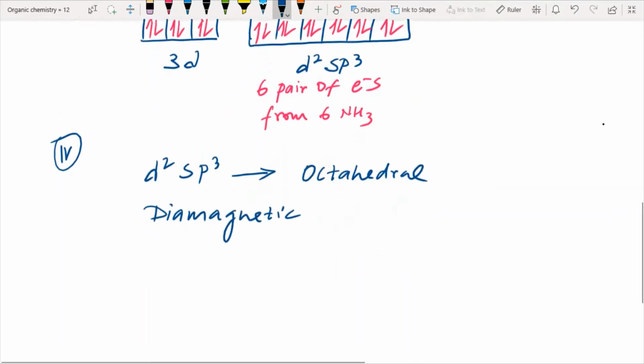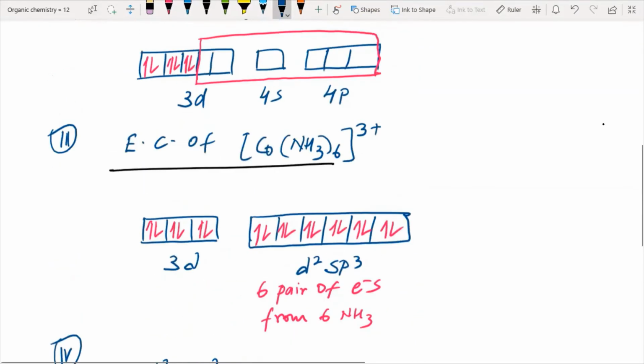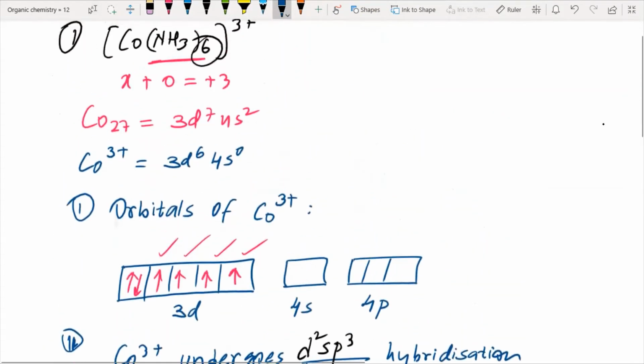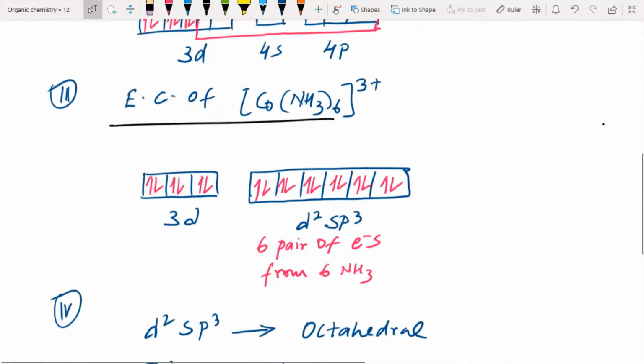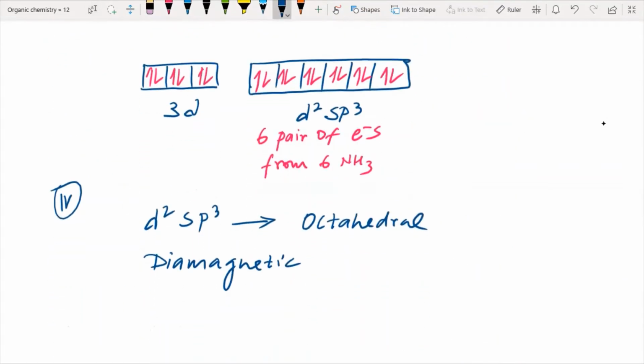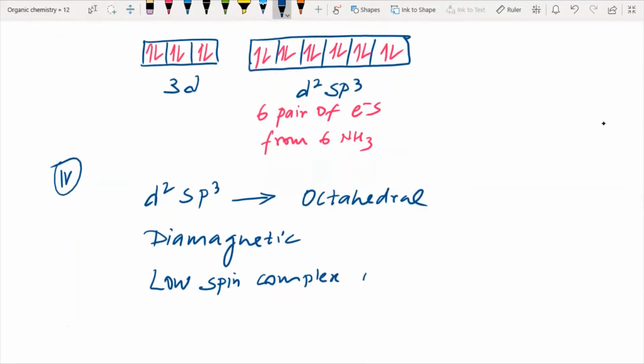And as there is a strong field ligand, we can write that this is a low spin complex, or spin paired, or inner orbital complex.